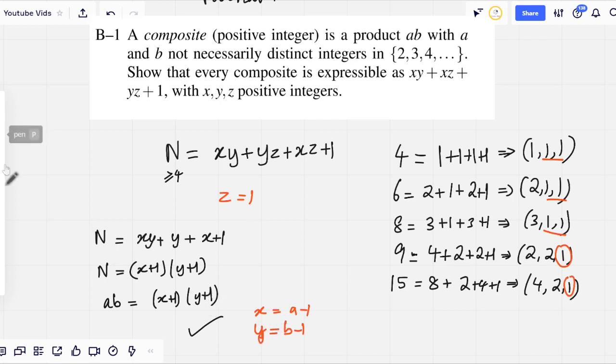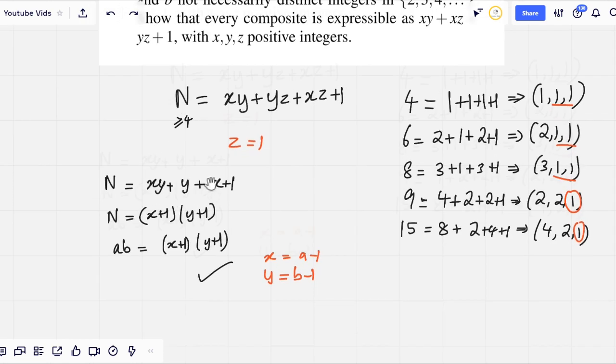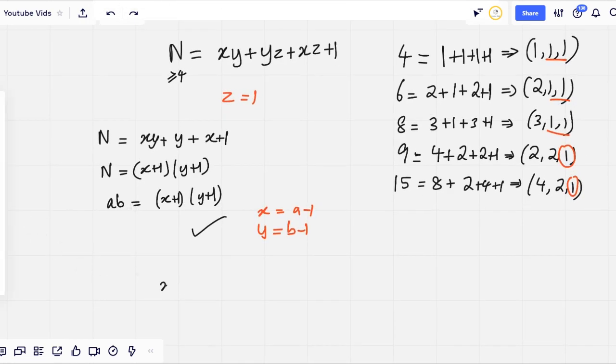Another way to try it would have been by checking the factorization, the expansion of x plus z times y plus z.